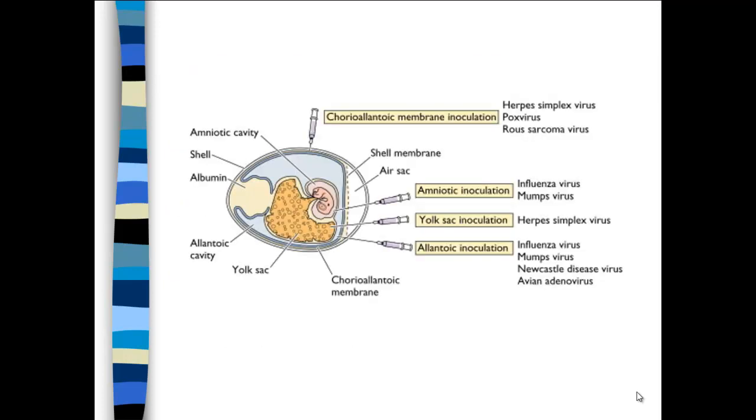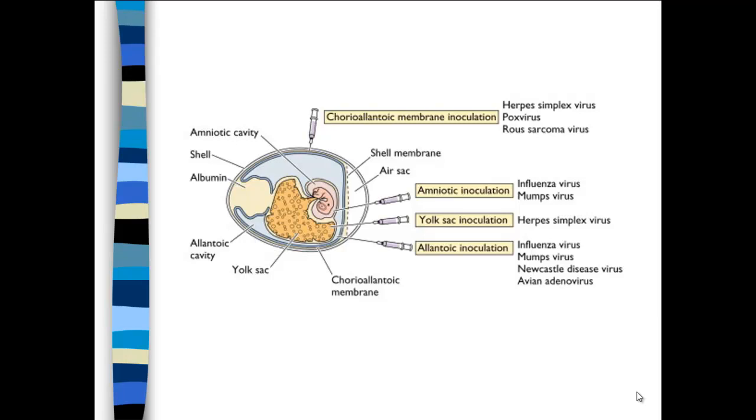And here's just this is an embryonic chicken egg. Shows the different cavities. I'm not so concerned that you understand the different places of the anatomy of a chicken egg, but you can see that depending on where the inoculation occurs, you have different places that are great for growing different viruses.